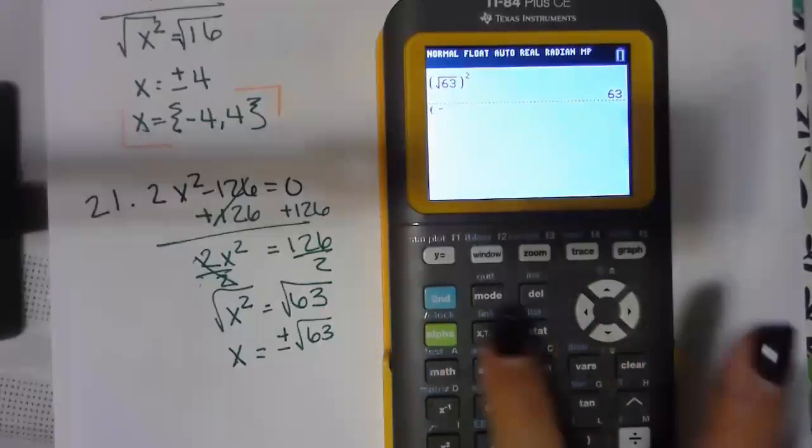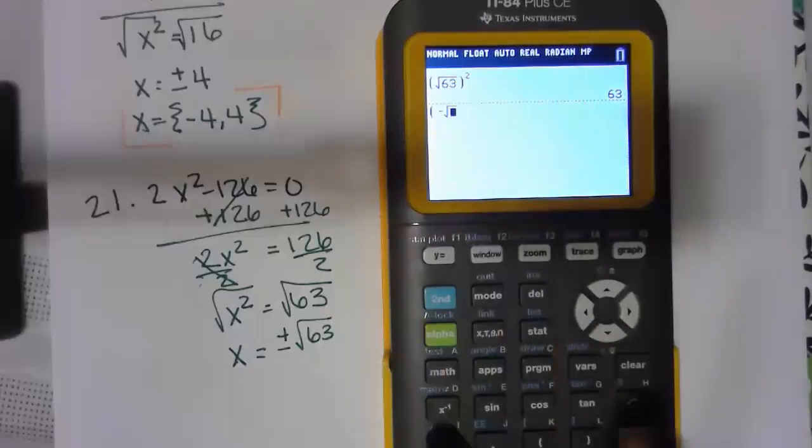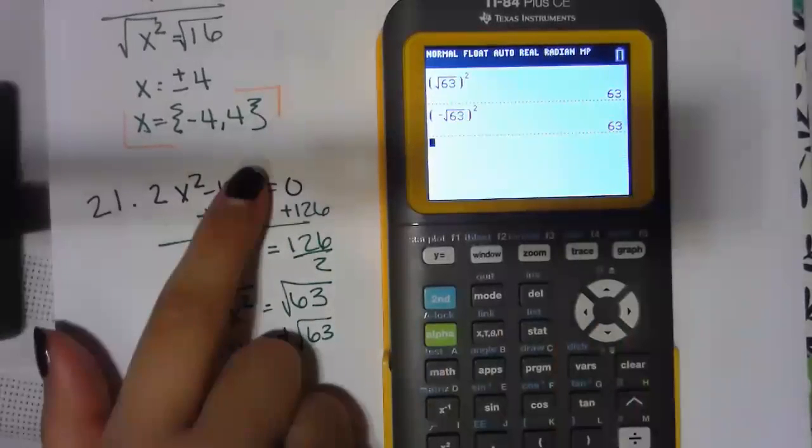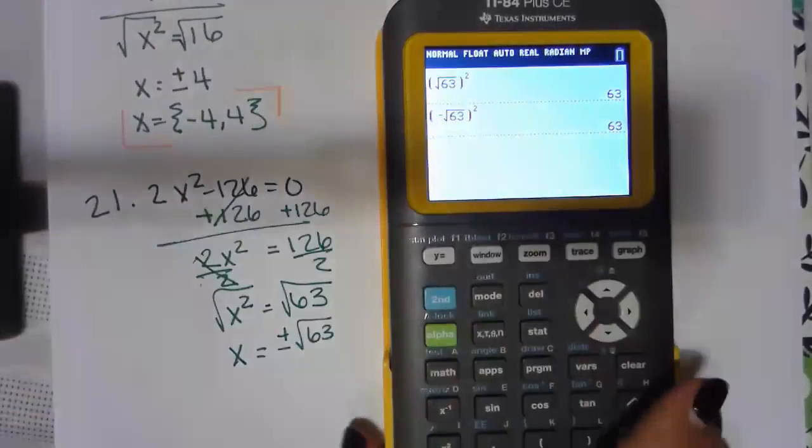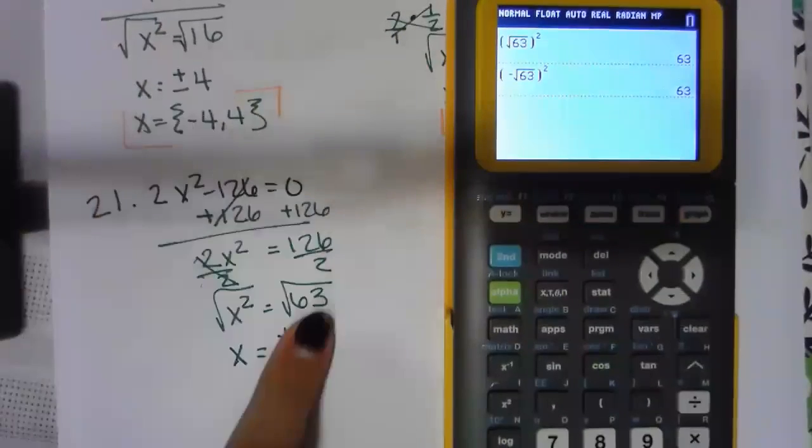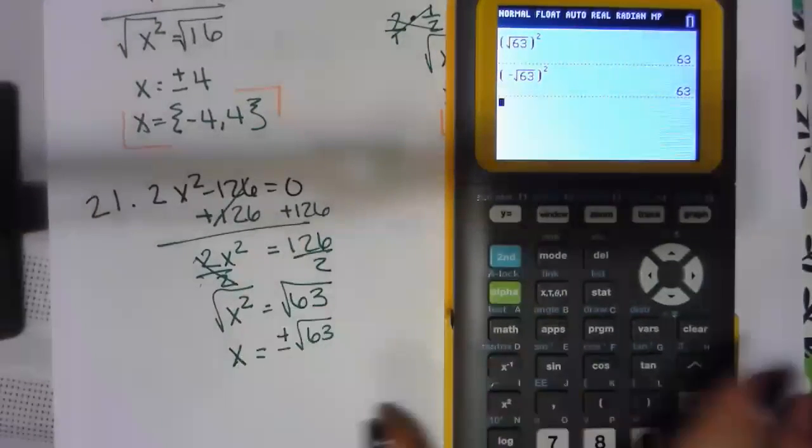If you take the negative square root of 63, with the negative outside the 63, and square that, you get 63 again, which is what we wanted. If you take your roots right here and you square them, you should get 16 back up here, and in this case, we would get 63 back.